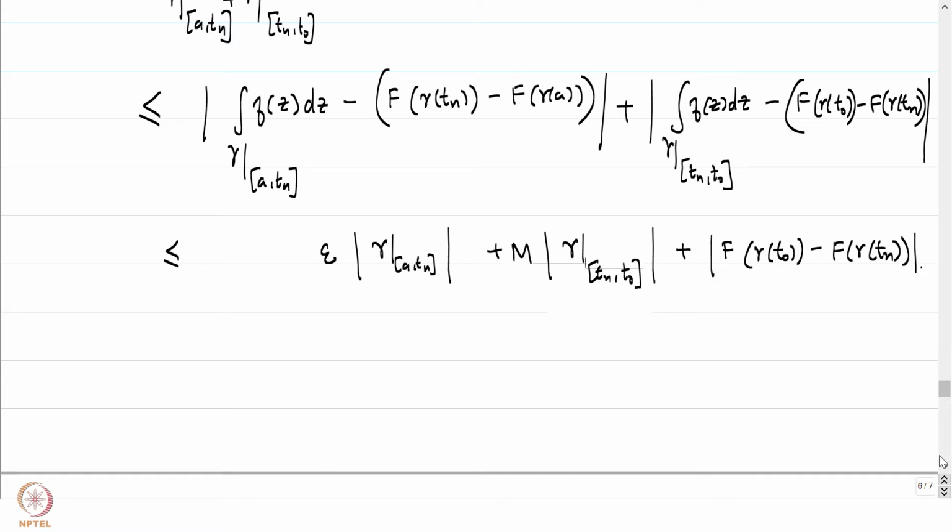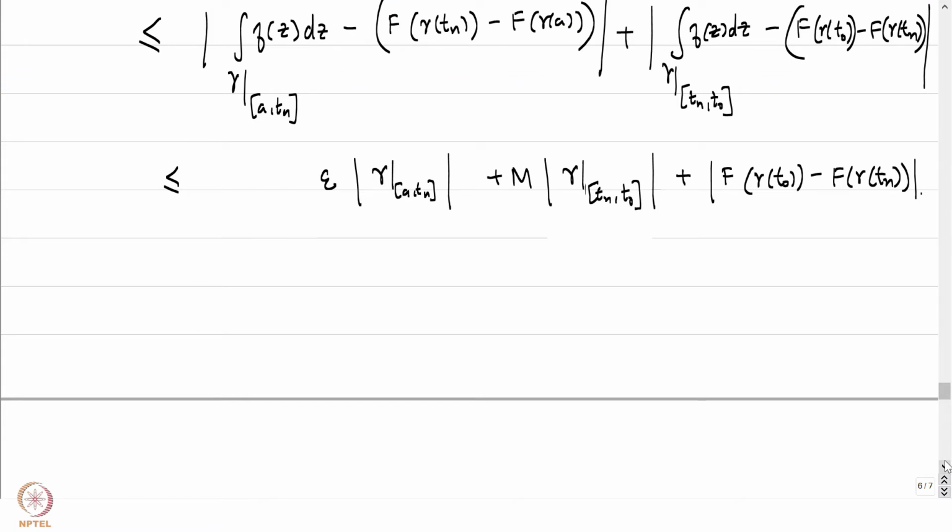In particular, it is continuous at every point of omega, and in particular, it's continuous at T naught. So by picking Tn arbitrarily close to T naught, and by using the uniform continuity of gamma, we can ensure that this term can be made less than any delta that we would like to have.